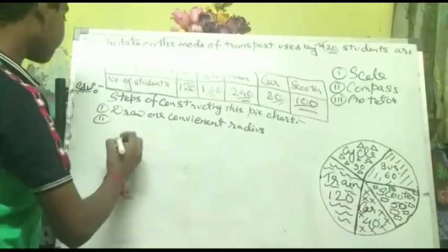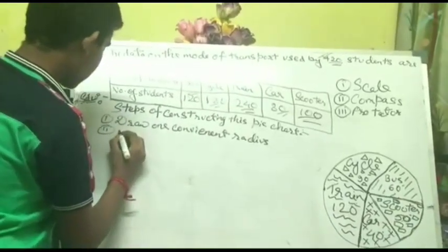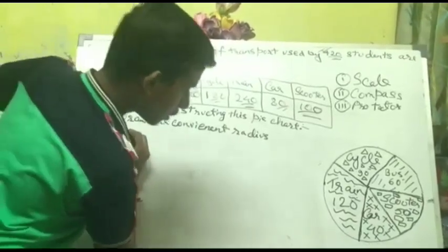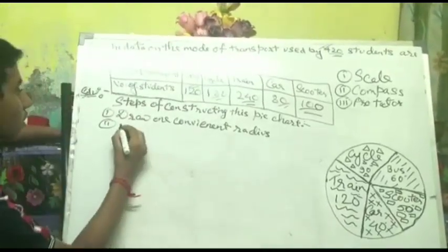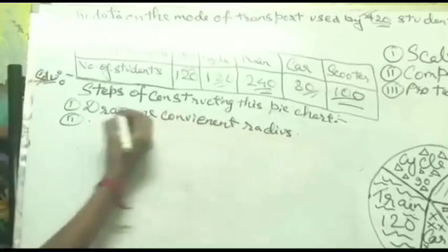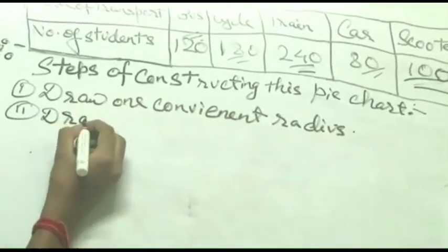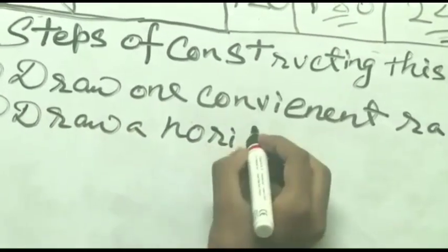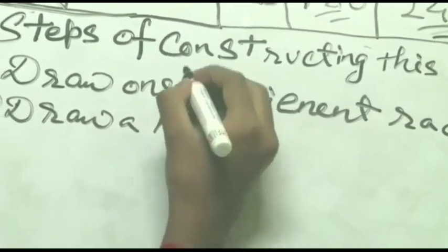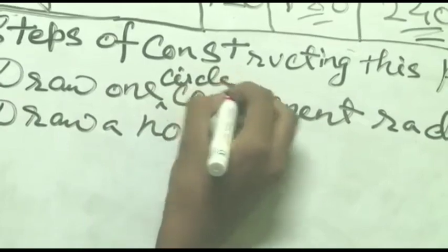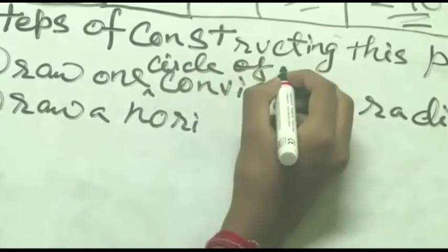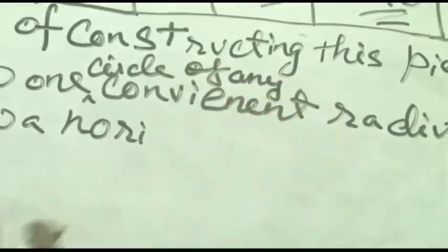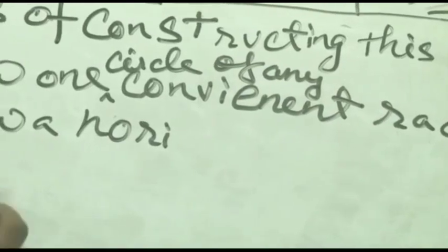Second point, draw one circle of any convenient radius. It is the first point.